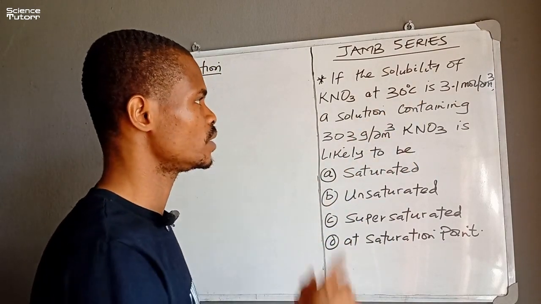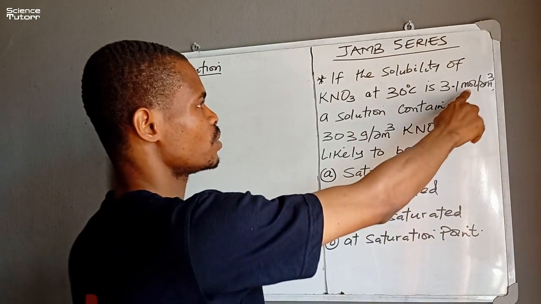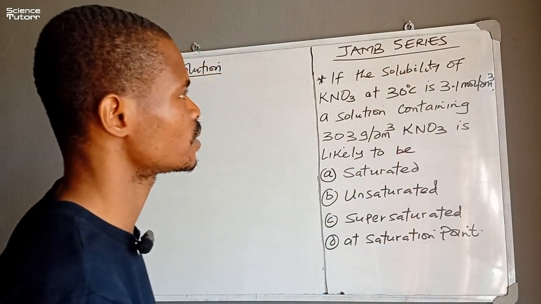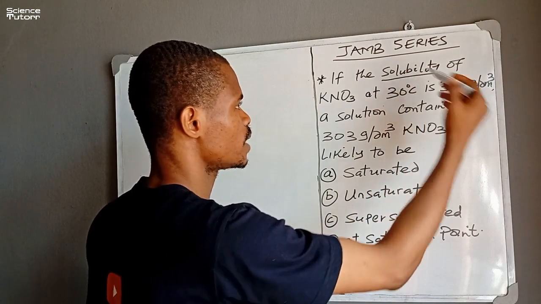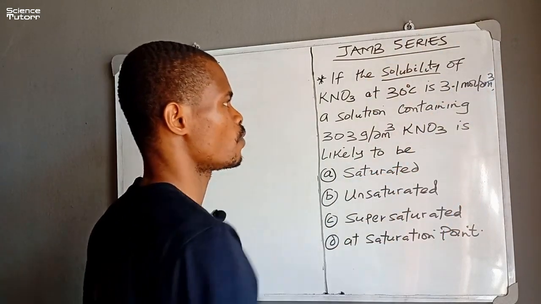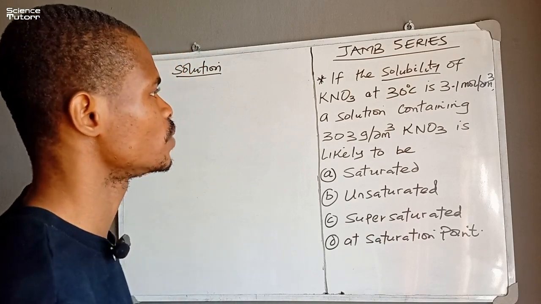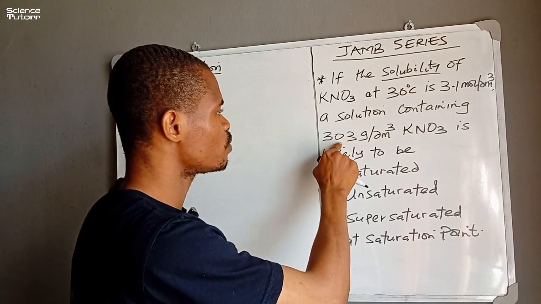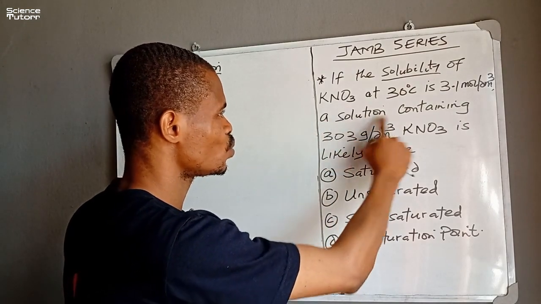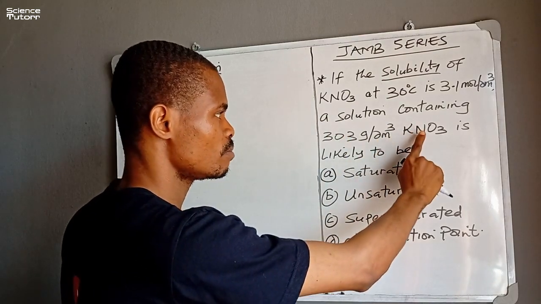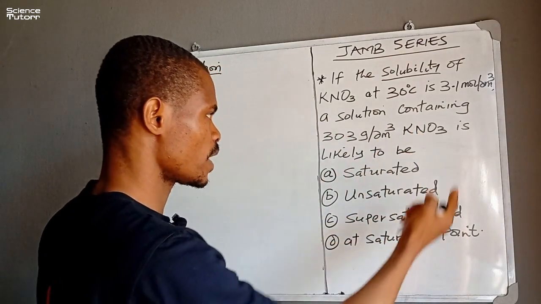We are told the solubility is 3.1 mole per dm cube. Like I said earlier, the solubility is related to the molarity because this is the unit for molarity or the molar concentration of a substance. Then we are given a value. It says a solution containing 303 gram per dm cube potassium nitrate is likely to be what?